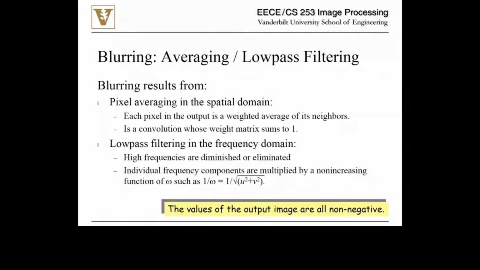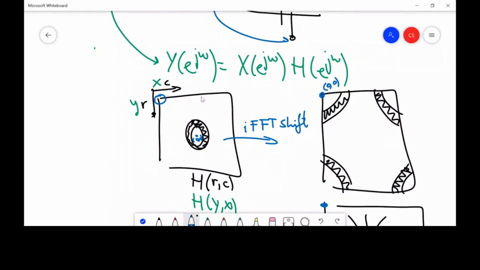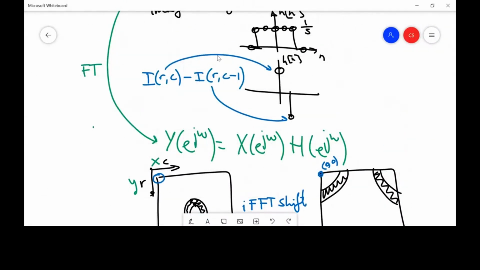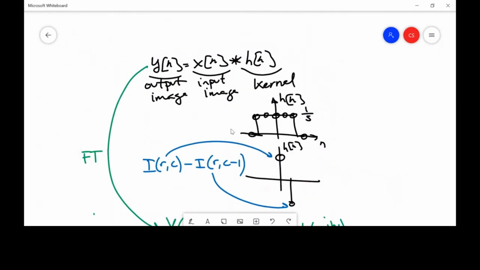So let's use these frequency filters to compute averages. The way we have seen to compute averages before was this one. We knew how to come up with this kind of filters, and if you want, we can also be a bit more creative and give different weights.